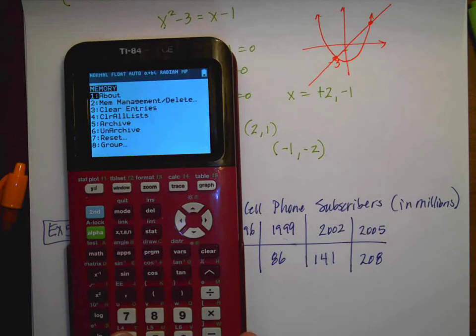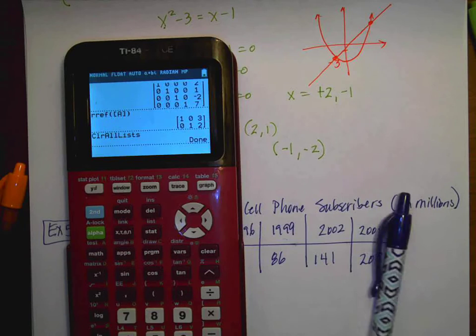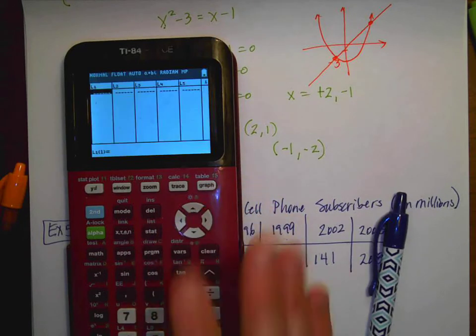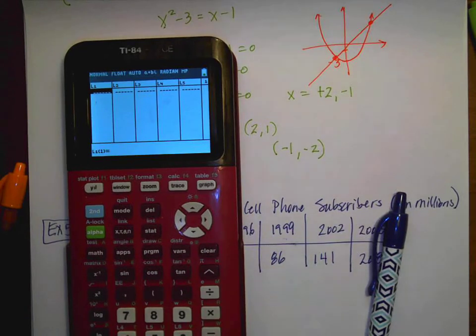The next thing I'm going to do is go to my second memory, go to option number 4, and clear my lists so that I can wipe them out. Now I'm going to do stat, edit, and enter my data.